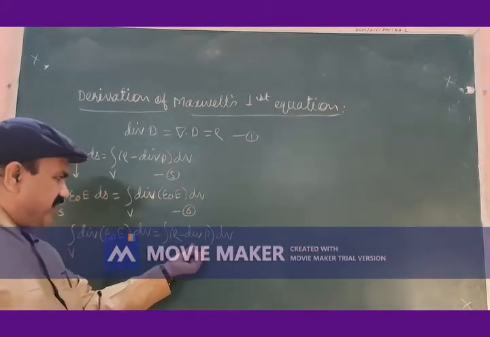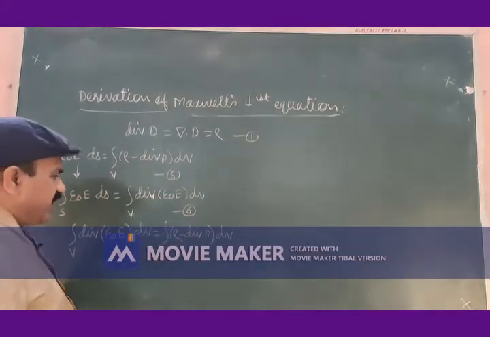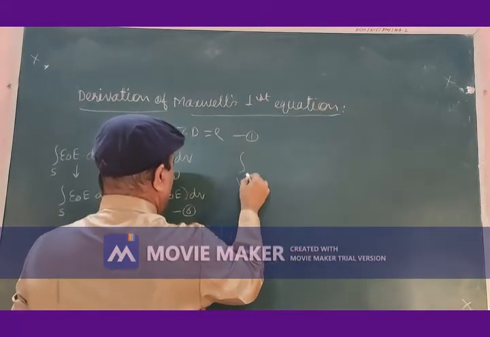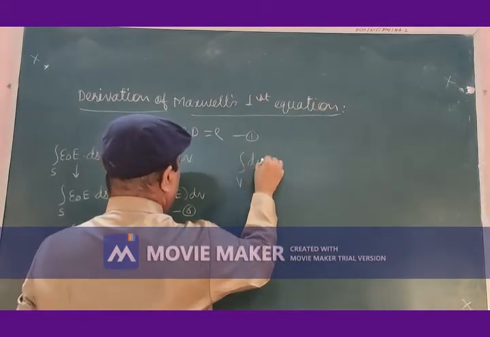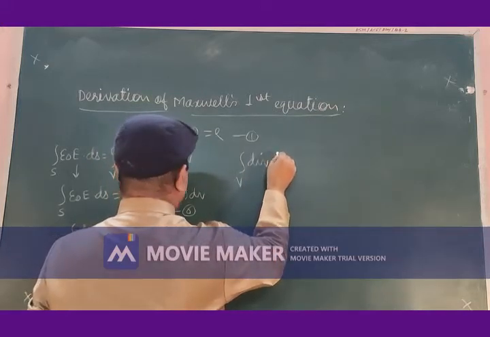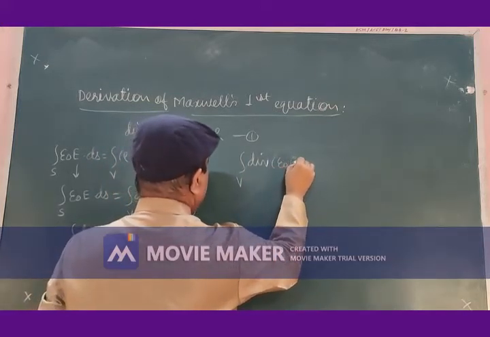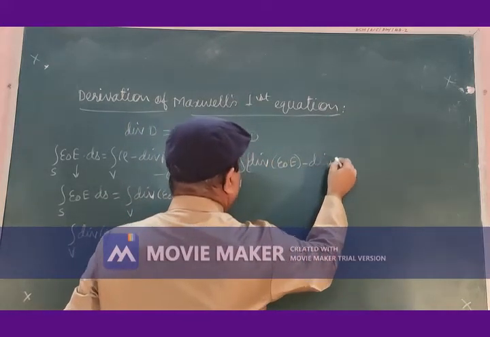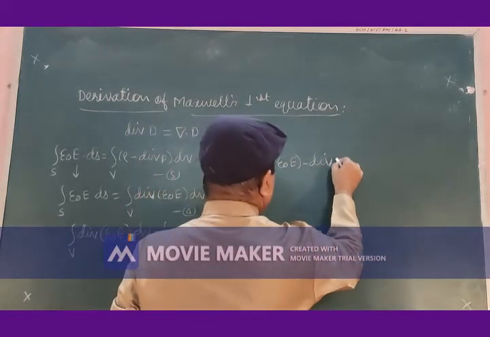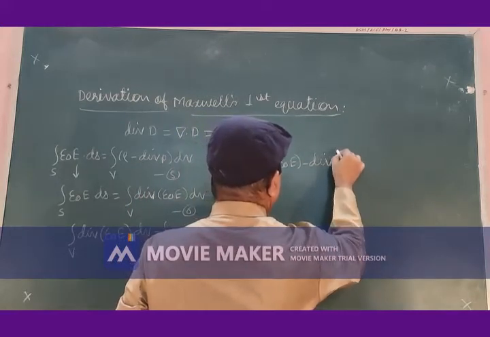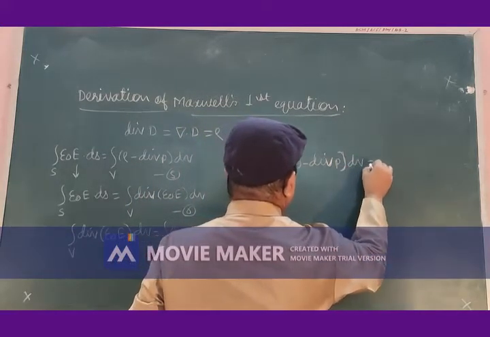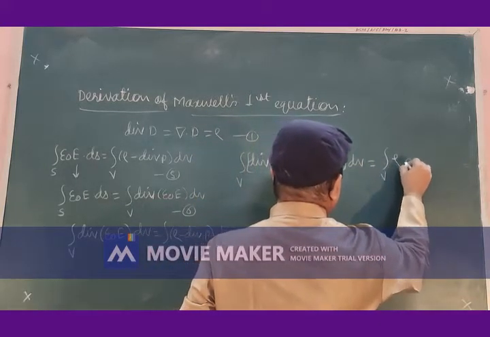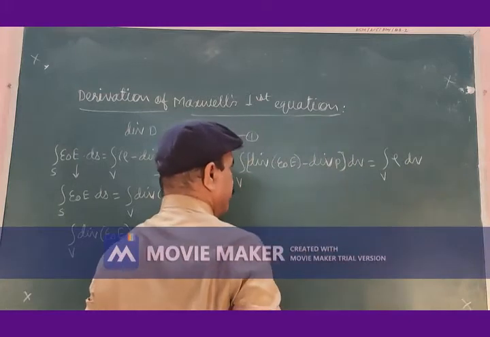Take this minus divergence of P to this side along with the integration, and we may write this further as volume integration of divergence of epsilon 0 E minus divergence of P into dV equal to volume integration of rho dV.